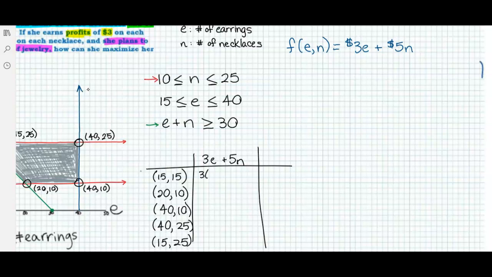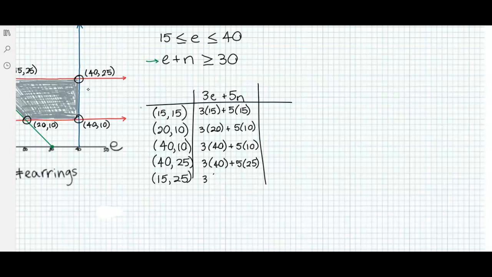So I'm taking 3 times 15 plus 5 times 15. 3 times 20 plus 5 times 10. 3 times 40 plus 5 times 10. 3 times 40 plus 5 times 25. 3 times 15 plus 5 times 25.